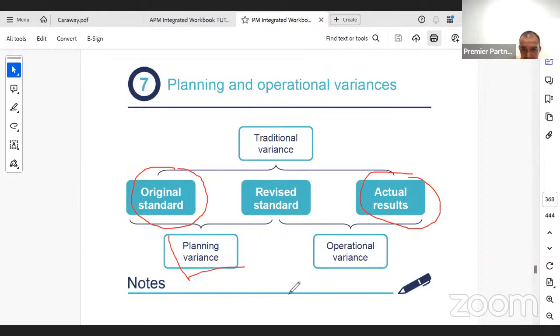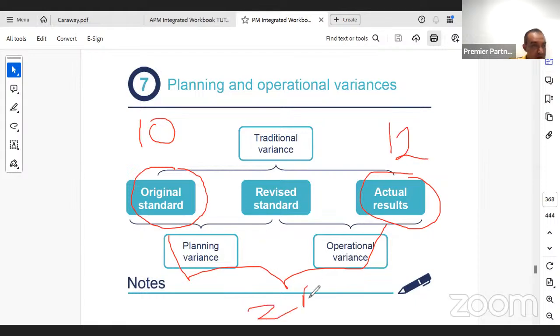It is these two that will tell us whether something is favorable or adverse. Let's say, for example, direct material, standard says 10, but you actually ended up paying 12. So two adverse, isn't it? Price variance, two adverse. Fine.